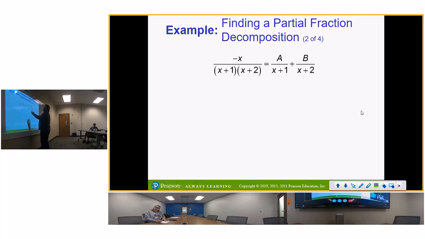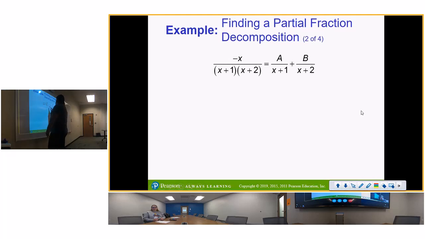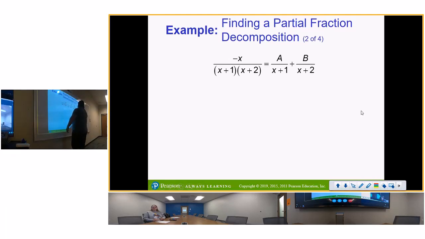If you have that, then you set it up equal to a over x plus 1 plus b over x plus 2. What if I had an x minus 3 down there? Then you put c over x minus 3. So, if this had an x minus 3 down here, I would have plus c over x minus 3.